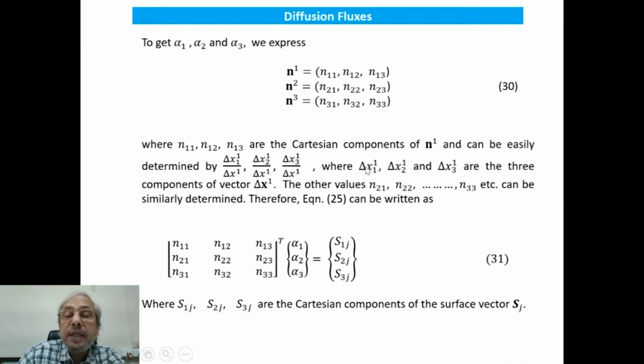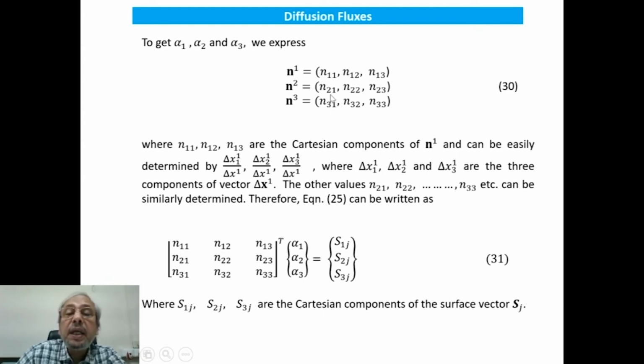Its magnitude is basically this delta x1, and these three are components of the vector, from where we can get n11, n12, n13, which are then the Cartesian components of unit normal vector n1.